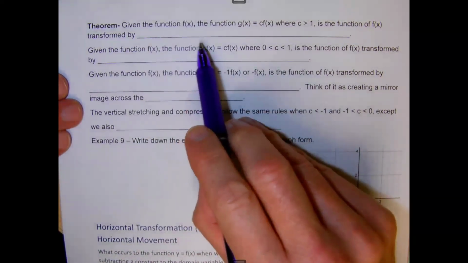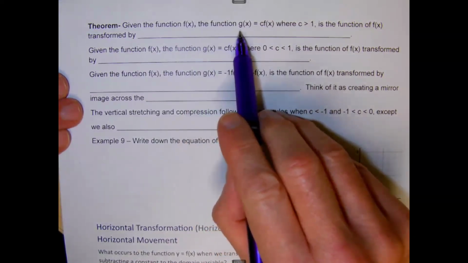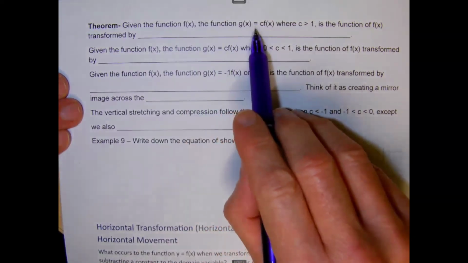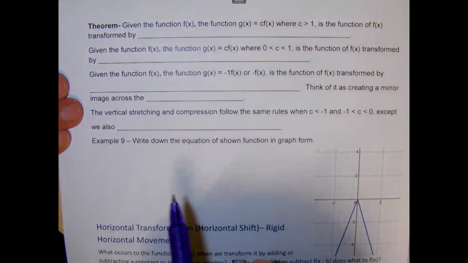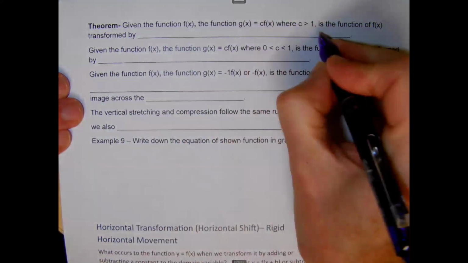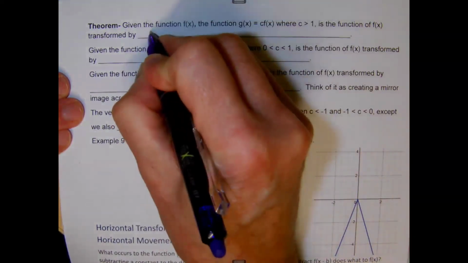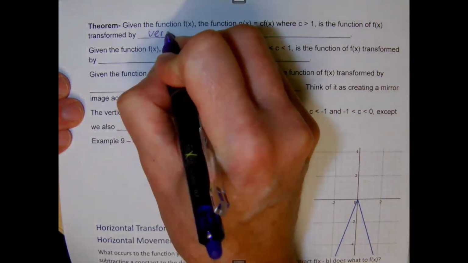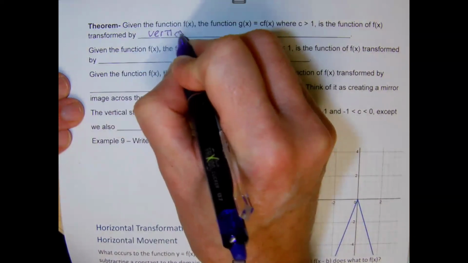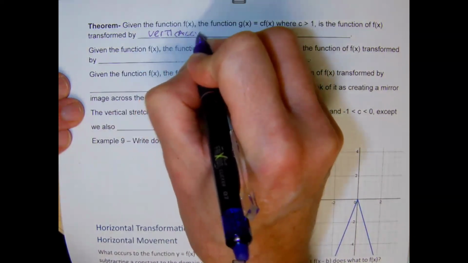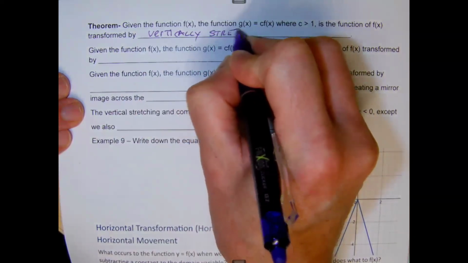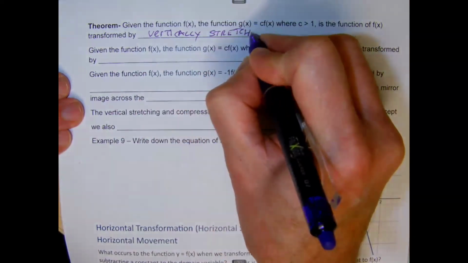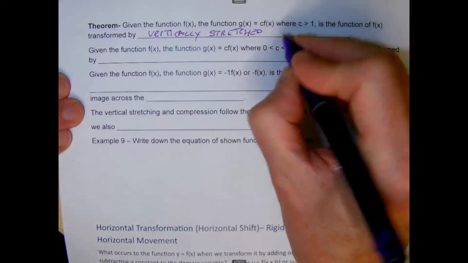So given the function f of x, the function g of x equals c f of x, where c is greater than 1, is the function f of x transformed by, again, c is greater than 1, so it's vertically stretched by a factor of c.